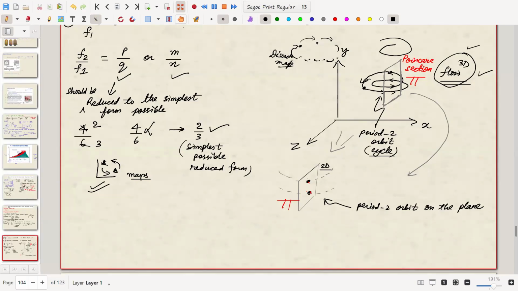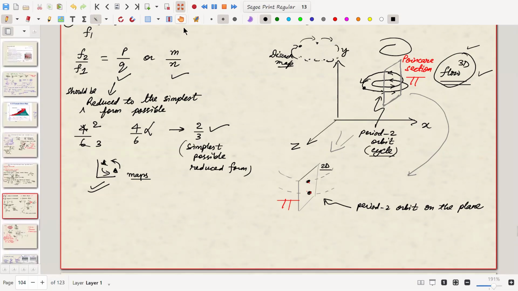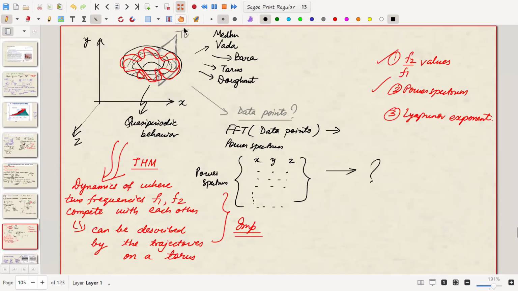What this 2 by 3 means, I also conveyed one very important concept: any frequency ratio, that is f2 by f1, can be thought of as a motion on a torus. How can you see it on a torus? You can see a complicated trajectory in red. It is on the torus.